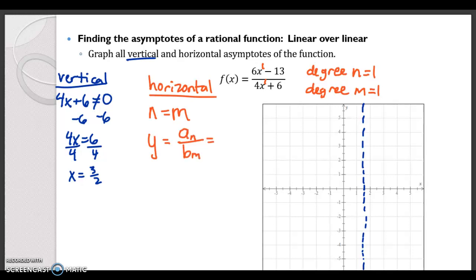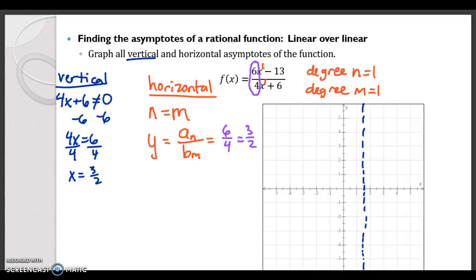And what is a and what is b again? Those are the leading coefficients of our numerator and our denominator. So this is going to equal 6/4, which is 3/2.